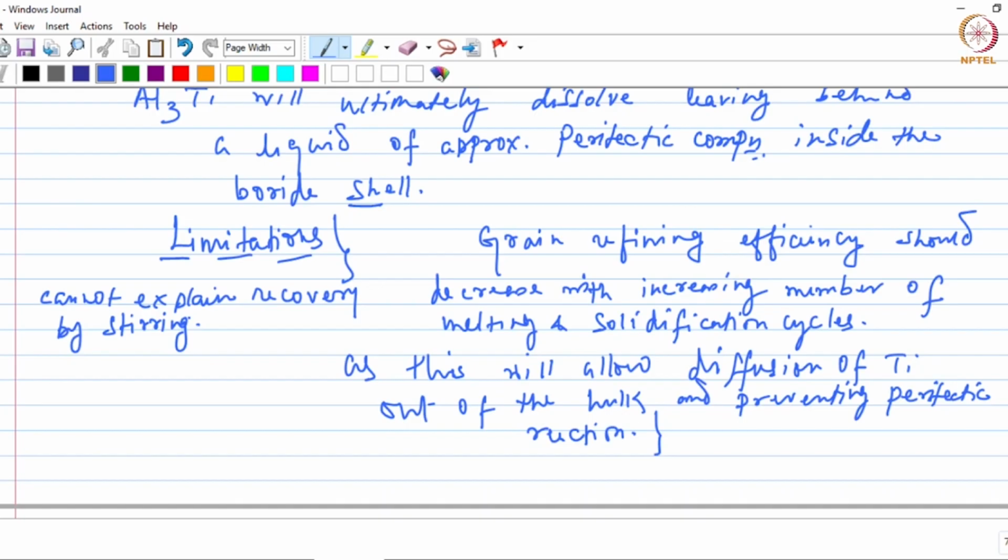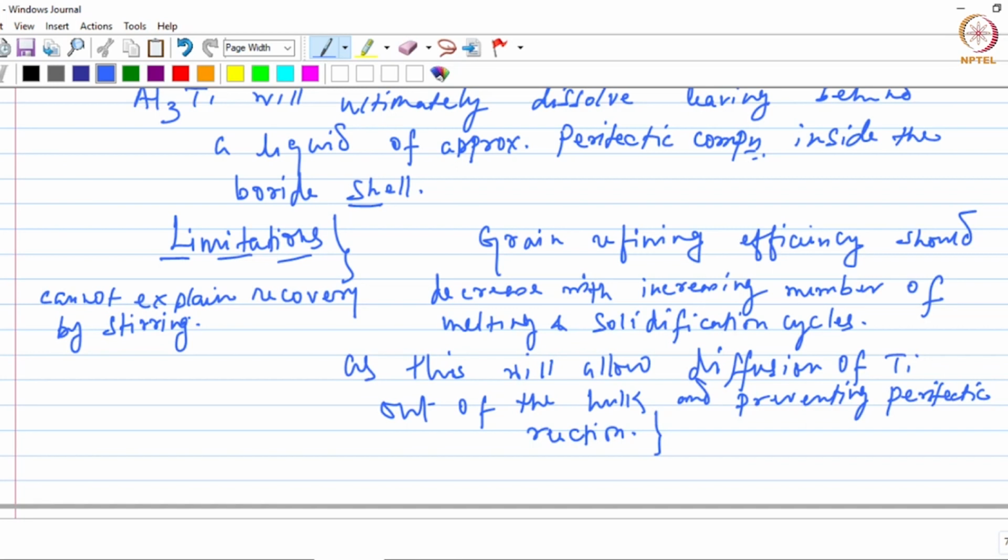Okay, and as we have discussed before, for the particles to act as the heterogeneous nucleating surface, they have to be suspended in the liquid metal, right? So if they settle down, then the grain refinement efficiency will decrease, and that is a process known as fading, as if the grain refinement efficiency of the process is fading out.